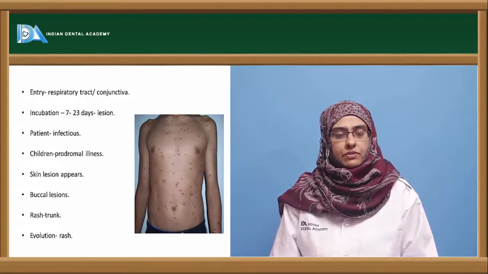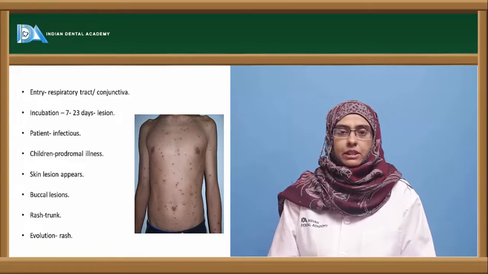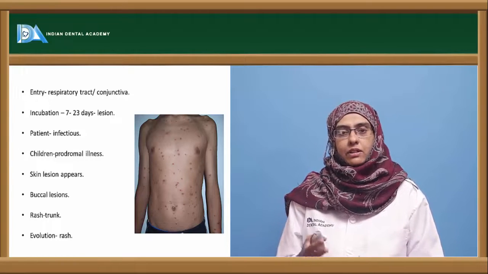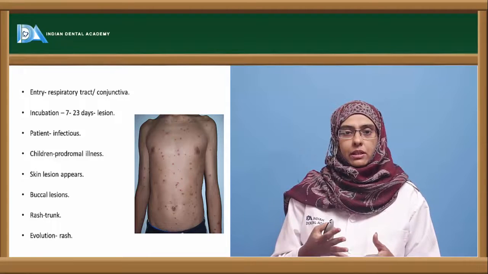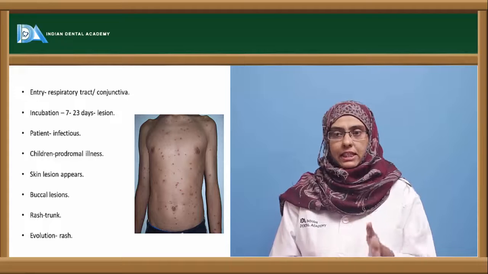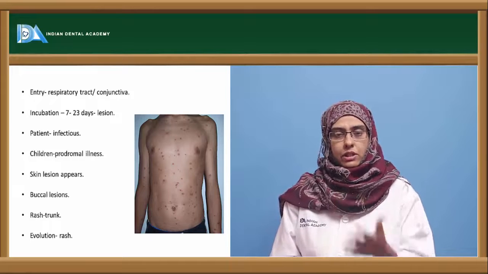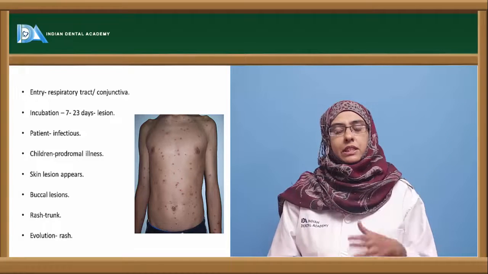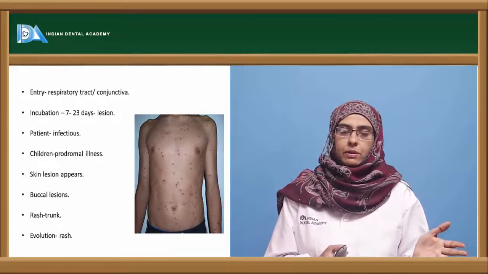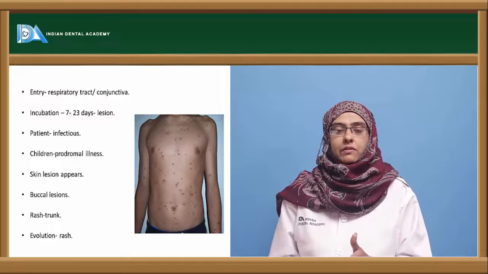Now, coming to the pathophysiology, the organism gains entry via the respiratory tract or the conjunctiva, where it multiplies and has an incubation period of 7 to 23 days, after which it usually produces the lesion. The person is infectious only from 2 days before the appearance of the lesion to 5 days after the appearance of the lesion.